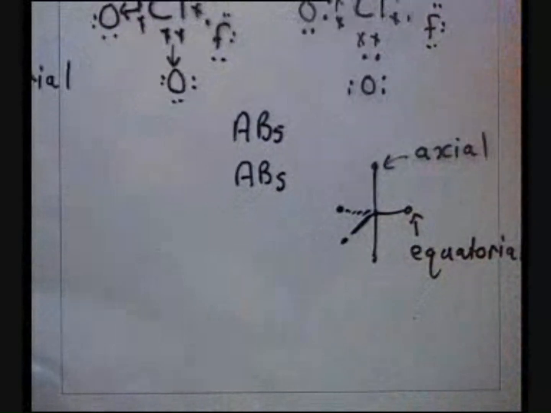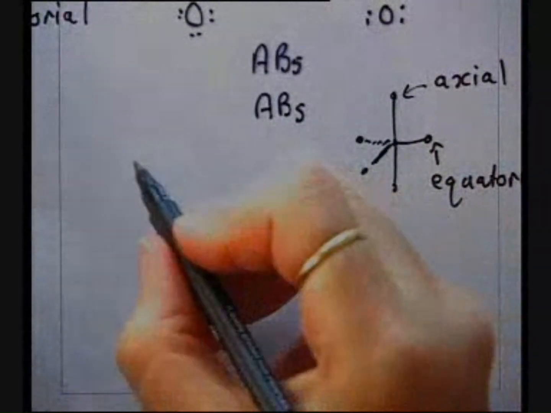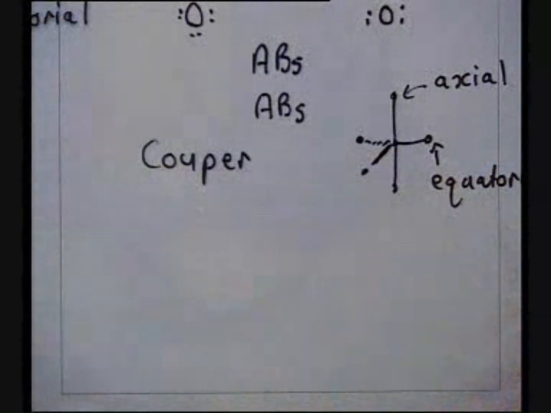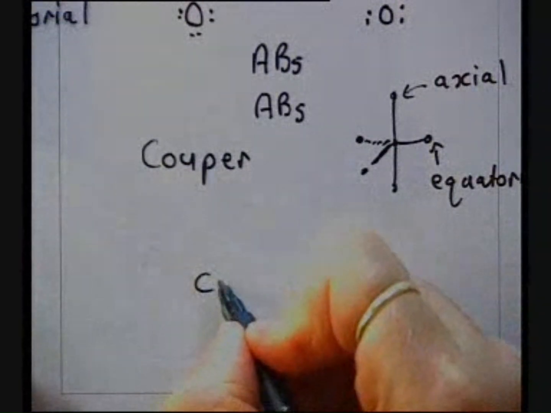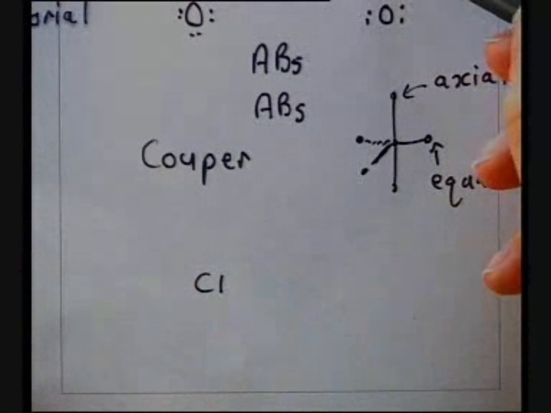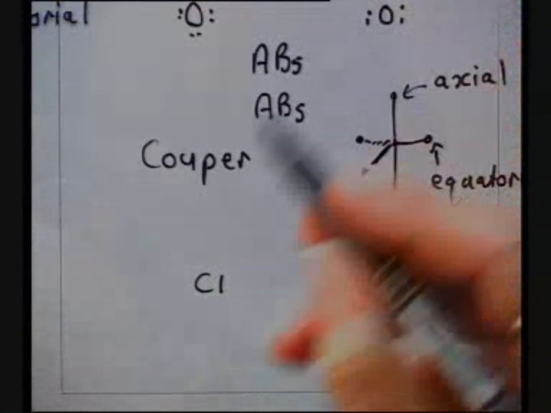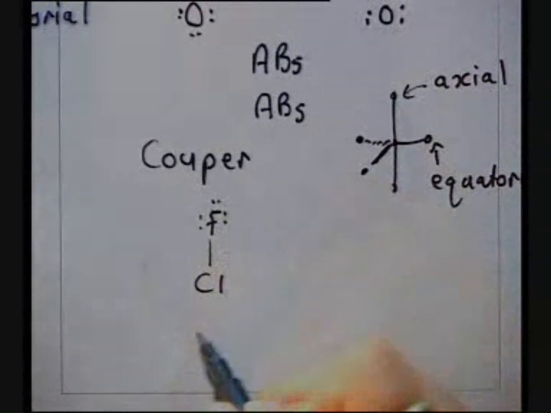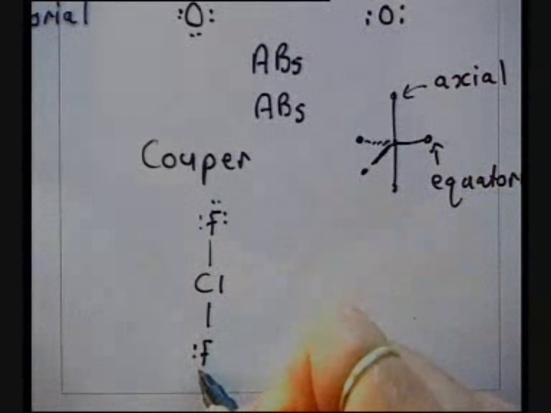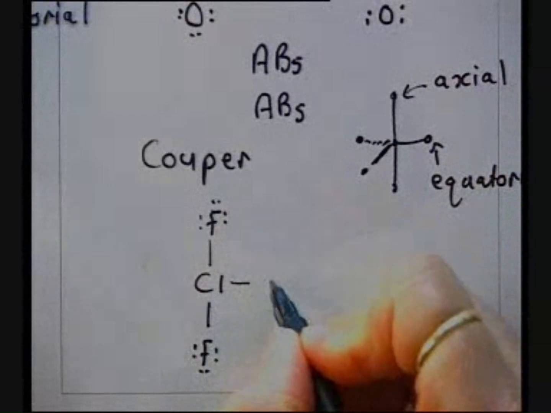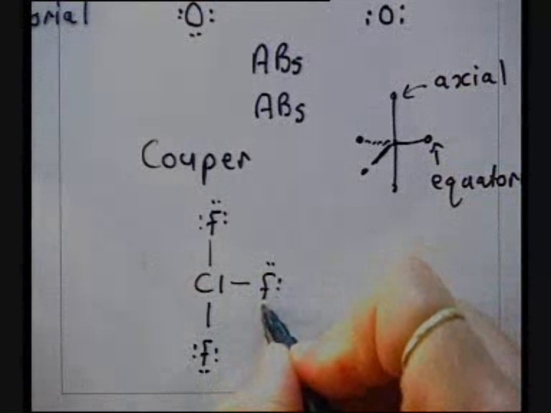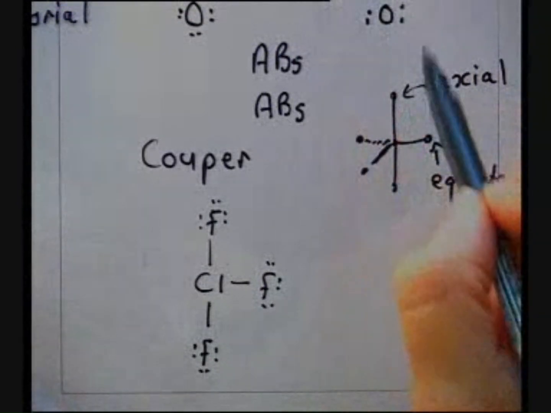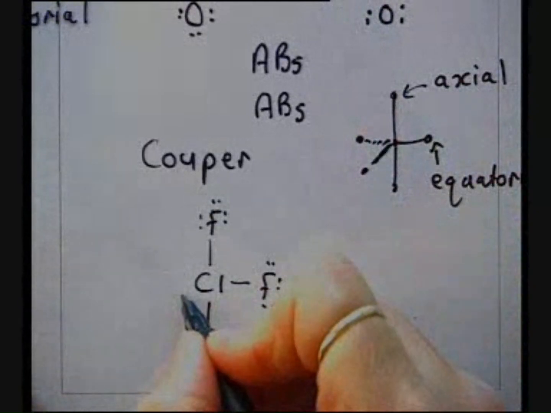We make use of Cooper or Cowper structures to draw the molecular geometry. We have a central atom chlorine. The more electronegative fluorine atoms will be placed in the axial positions. The 3rd fluorine atom will then of course be in the equatorial position. The double bonds are always placed in the equatorial position.